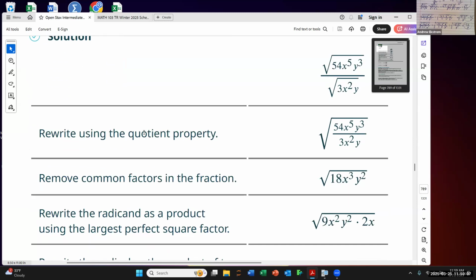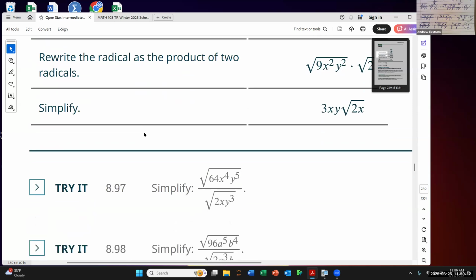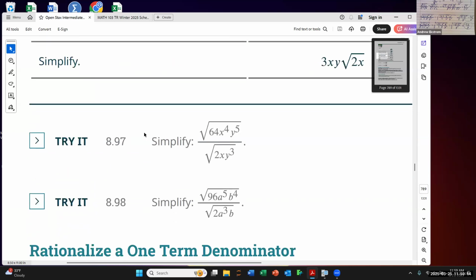So same idea here, start eliminating things, and then pull them apart as best we can. So the square root of 64 is going to be what? 8.